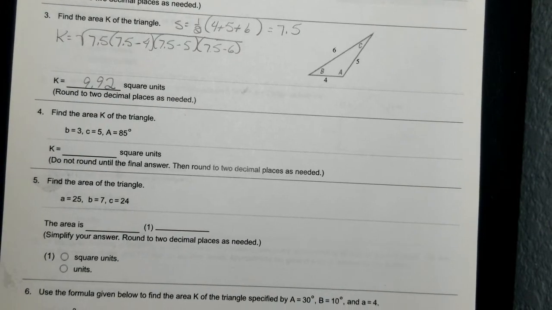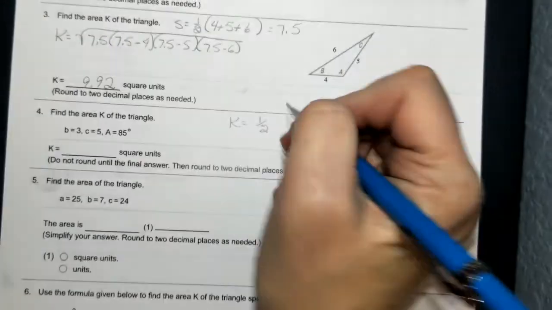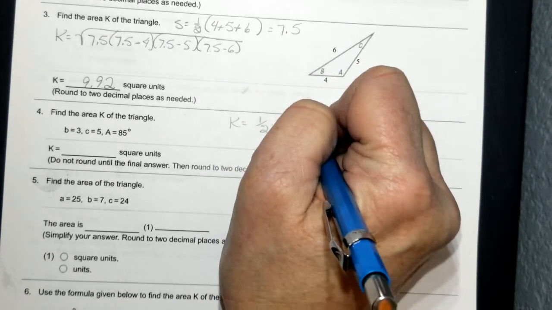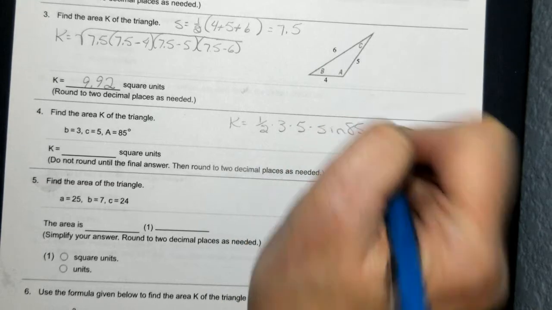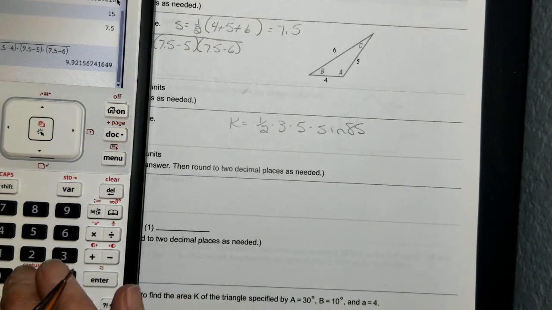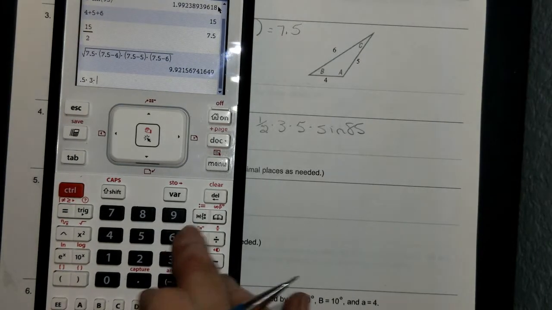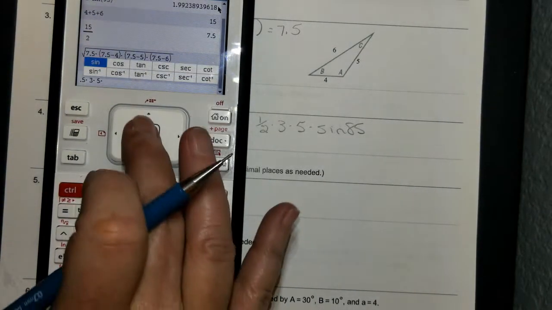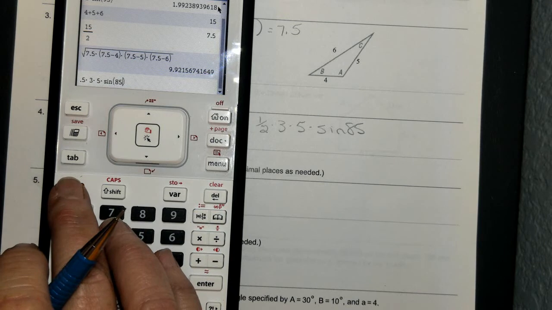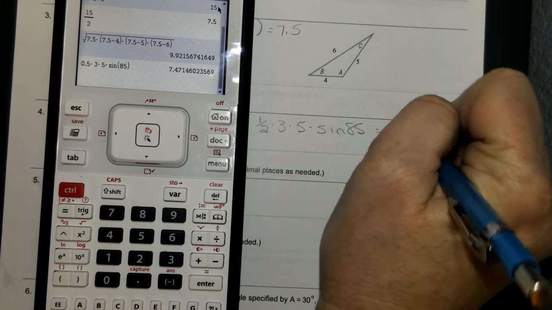All right, looks like number 4, we're back to side angle side. So we have K equals 1/2 B, which is 3, times C, which is 5, times sine of 85, which would be angle A. I'm going to use 0.5 for 1/2 times 3 times 5 times sine 85, enter, and we get 7.47.